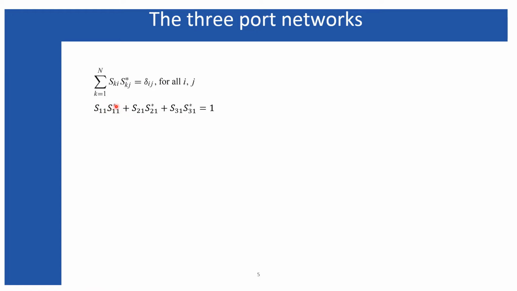When you are exciting port 1 and measuring the power at port 1, it represents the reflected power. Similarly, when you observe the power at port 2, you observe the power delivered to port 2, and similarly for port 3. So the summation of all such power when you are exciting port 1 must be equal to 1, because your network is lossless.